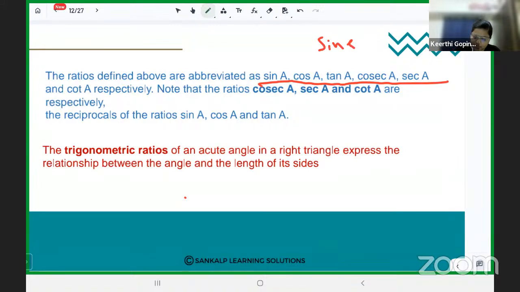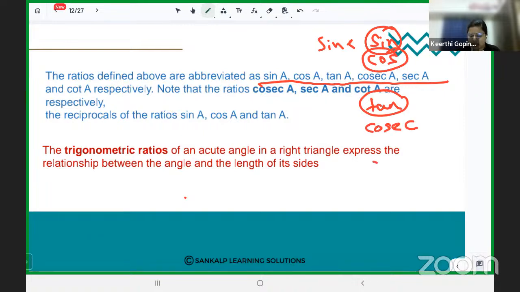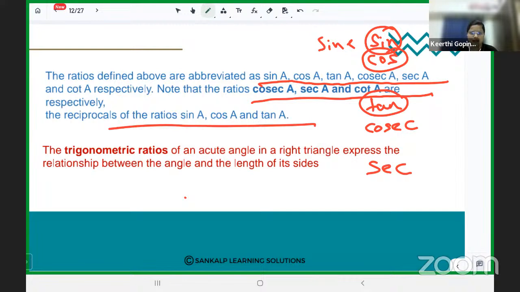Sine we write as sin, cosine as cos, tangent as tan, cosecant as cosec, and secant as sec. So these are the abbreviations of the trigonometric ratios. Is that clear to you all? And we know cosec A, sec A, and cot A are the reciprocals of sin, cos, and tan. I hope this much is clear to you all.